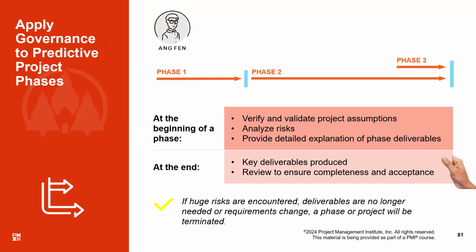At the beginning of a phase, we have to do certain checks. At the end of the phase, we have to ensure that deliverables are produced and acceptance criteria has been achieved. But this is all only for the predictive project. Agile is different. I think no questions on this one.